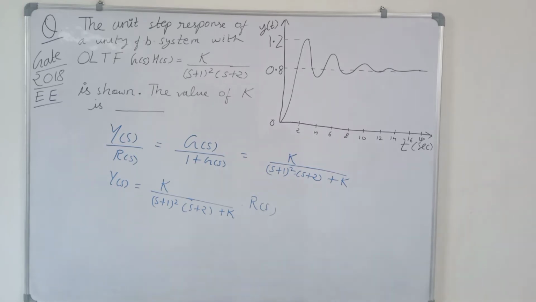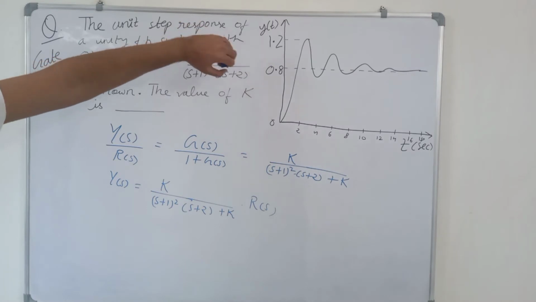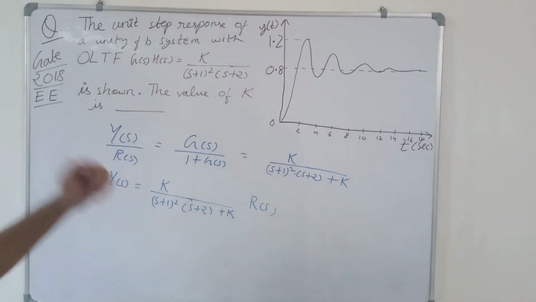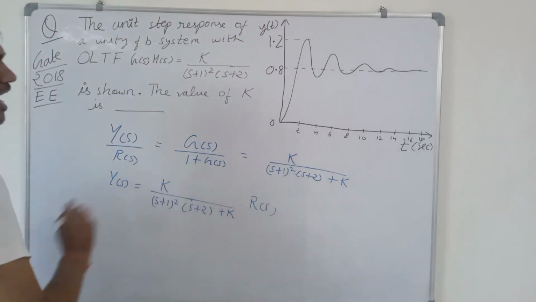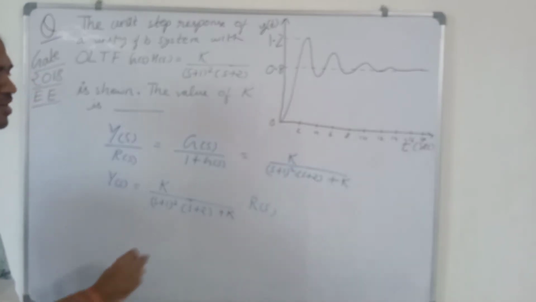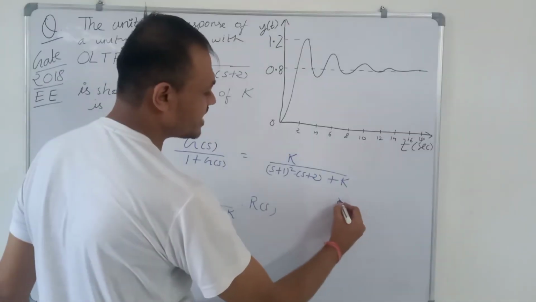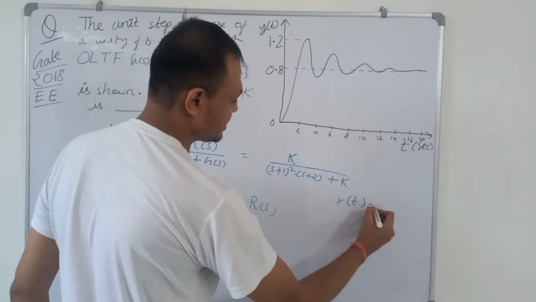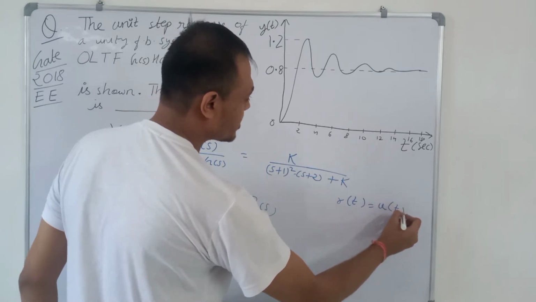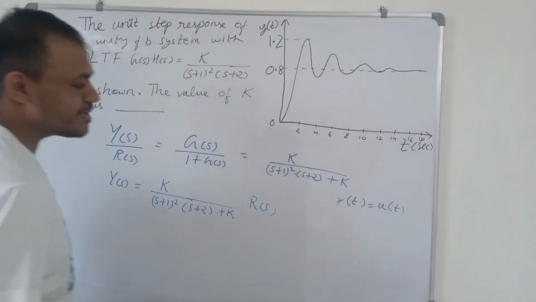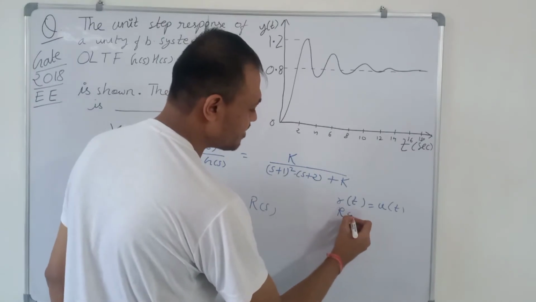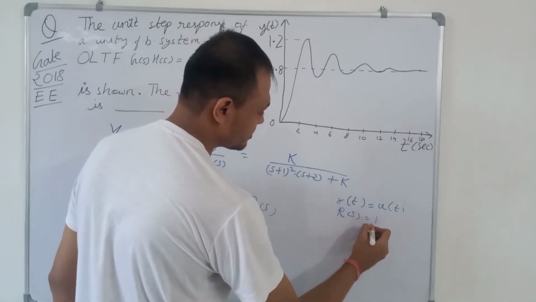The input is the unit step because this is the unit step response. So for unit step response, the input is unit step. R(t) is the input, the unit step u(t). Then only we are getting the unit step response. So R(s) will be equal to 1 upon s.